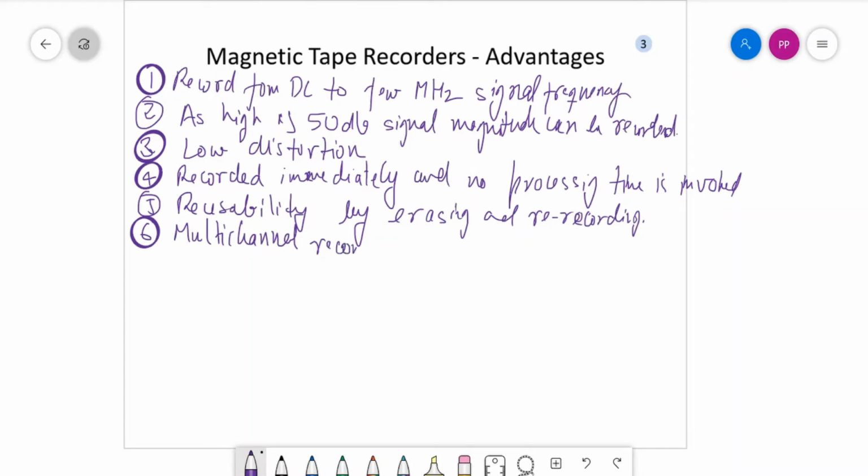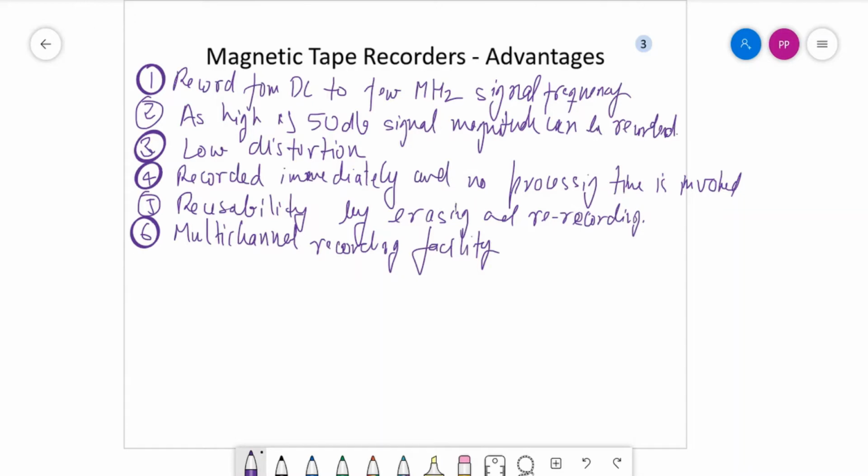Those of you who have seen or used audio systems or video systems, there we have the tape drive and tape cassettes, where in audio systems we have mono and stereo, or multiple voices can be recorded.